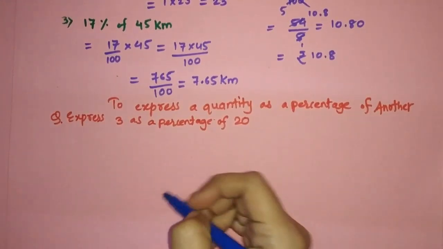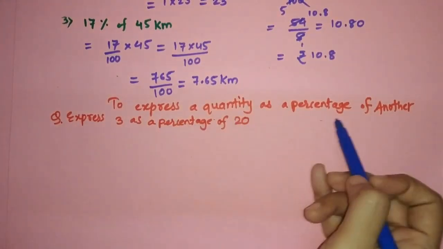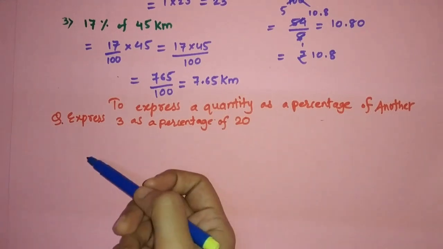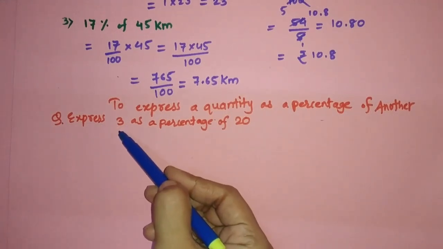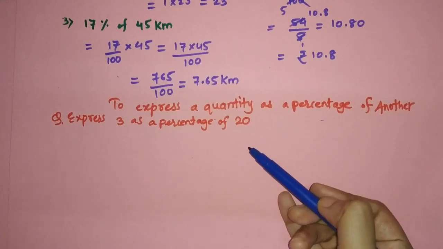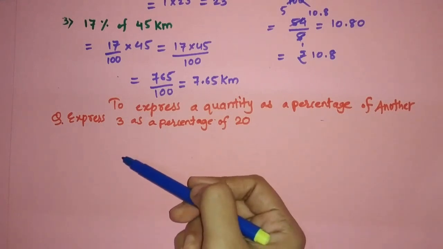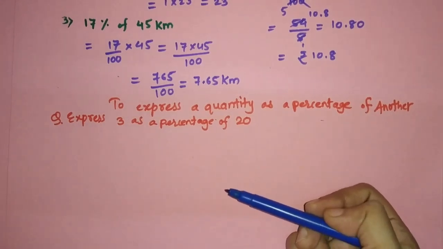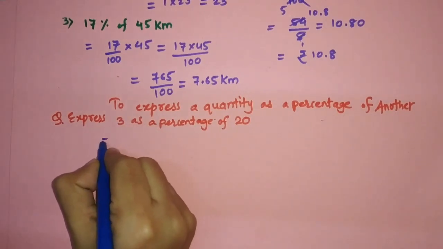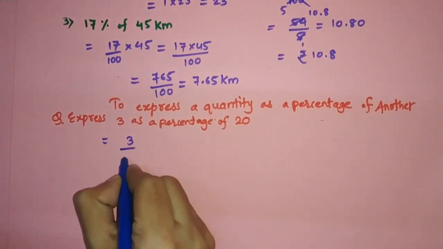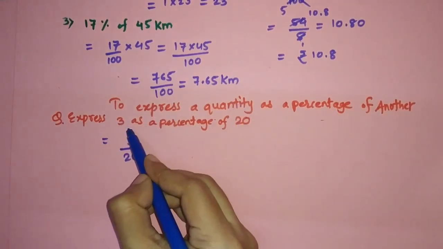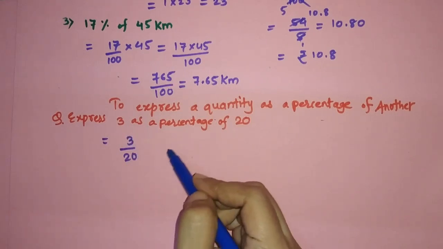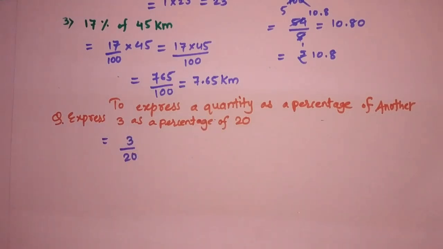So now, friends, we need to express a quantity as a percentage of another. Like here it is given: express 3 as a percentage of 20. So we need to represent this 3 as a percentage of 20. First of all, you need to write down this 3 value out of 20. This 3 is a quantity, and you need to represent it as a percentage of another.